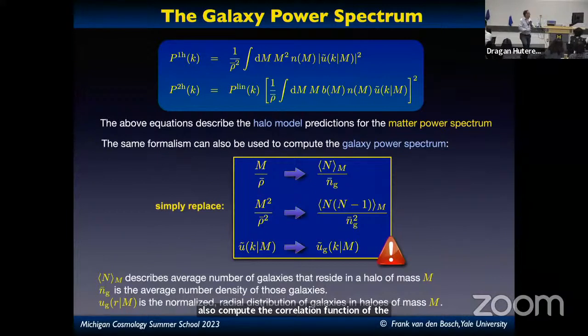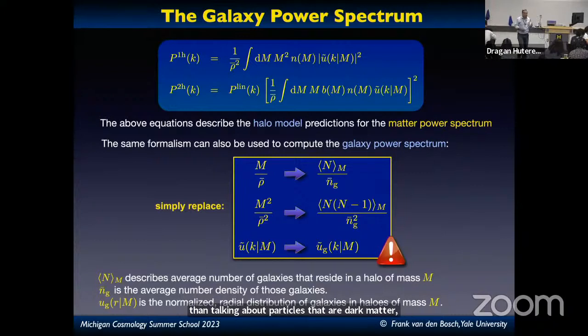All I have to do is replace m divided by the density, the number of dark matter particles in my halo divided by the density of the dark matter, by the average number of galaxies that live in a halo of mass m divided by the number density of galaxies. Then rather than talking about dark matter particles, I'm talking about galaxies.